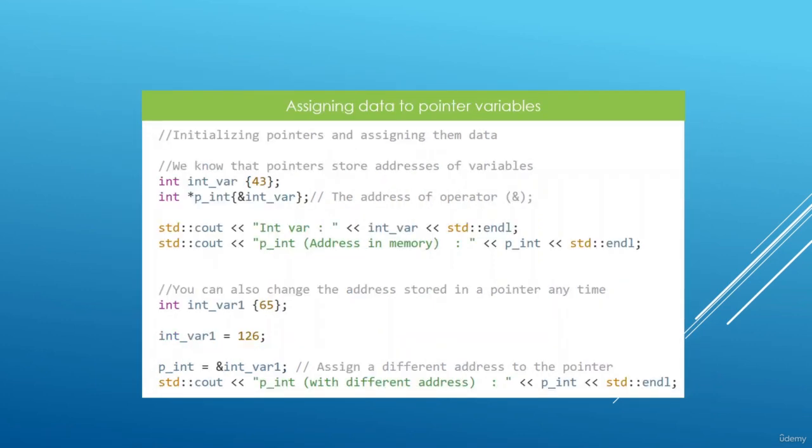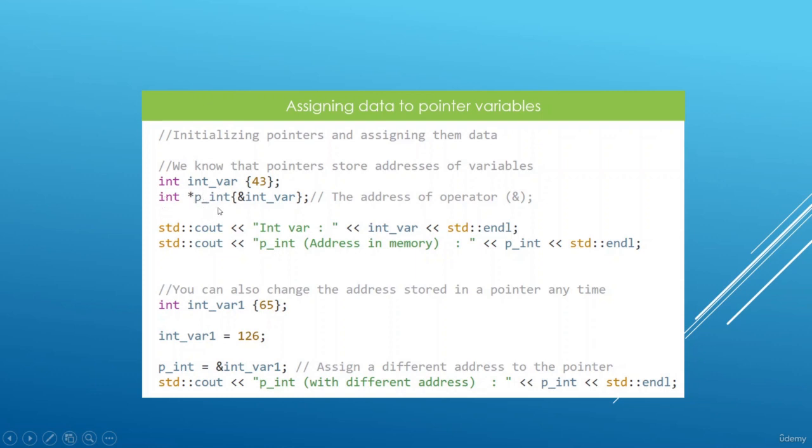Now we have seen that we can declare and initialize pointers with nullptr. Now is the time to see how we can put actual data in those pointer variables. Here we have a variable which is called int var. It is of type int and its value is 43. We can also set up another pointer variable, int pointer.